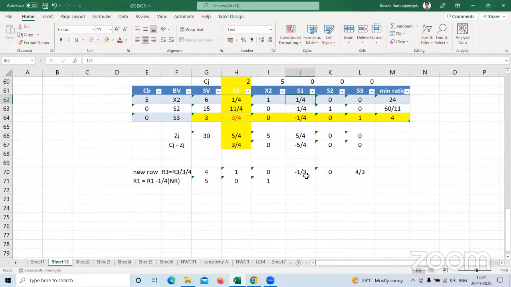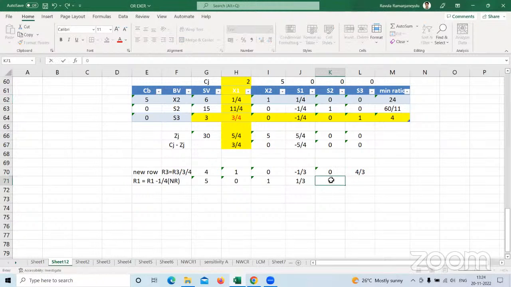Minus into minus becomes plus. 3 plus 1, 4 by 12. 4 by 12 is nothing but 1 by 3. Is that right or wrong? Once check properly, I'm doing directly. Correct only, sir. Right. Thank you. This is minus 1 by 3. Sorry, minus. Yeah.